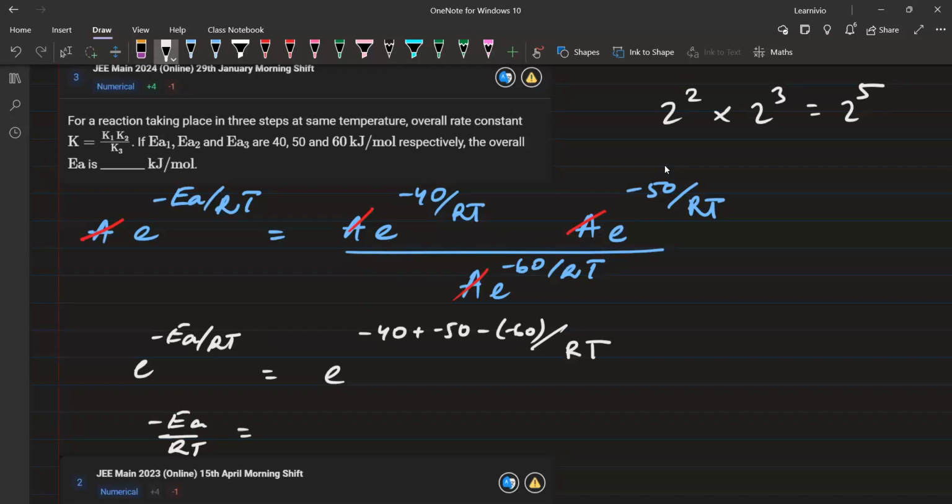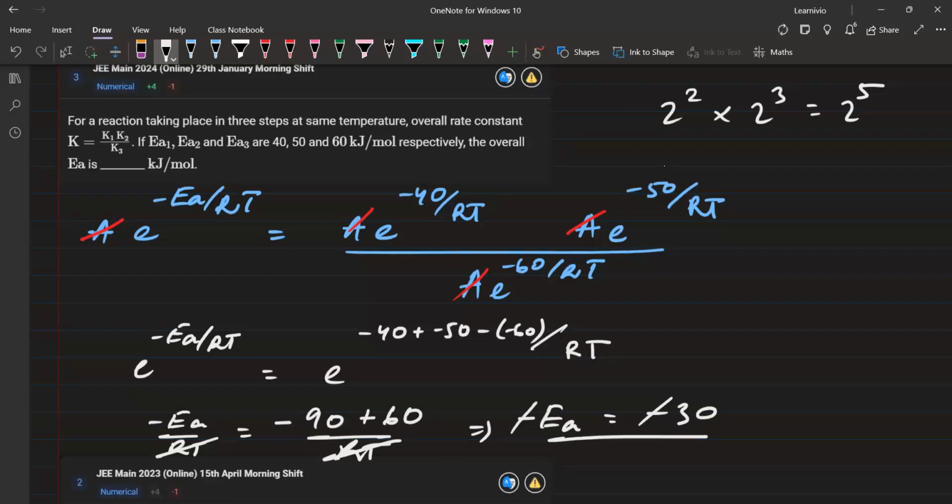It is equal to minus 40 minus 50 and then minus 90 plus 60 divided by RT. So RT and RT will be getting cancelled, and you will be getting this as minus EA. It is equal to minus 30. So minus and minus will get cancelled, and EA will be equal to 30.